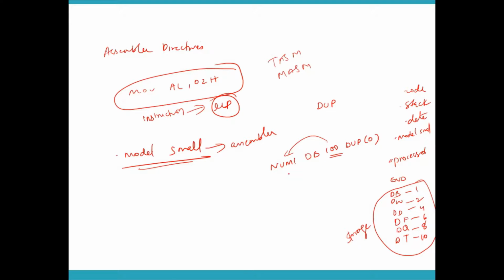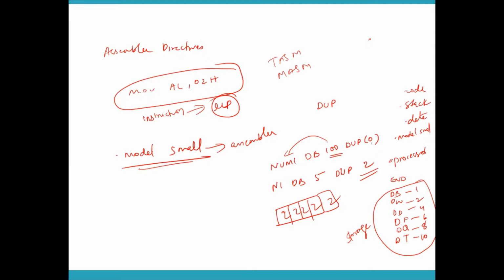That means num1 is going to be an array, and all the locations in that array are going to be initialized with the value 0. If I write n1 db 5 dup 2, n1 is an array and all the locations are initialized with the value 2. So DUP is an assembler directive used as an operator.